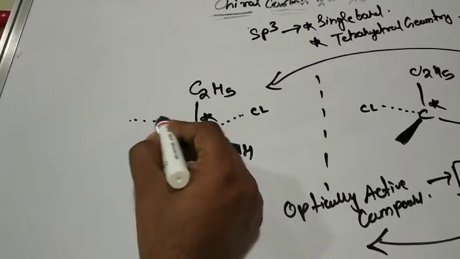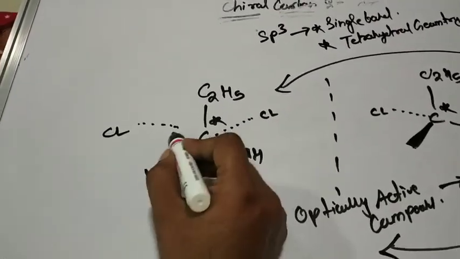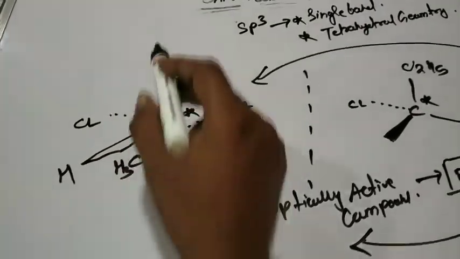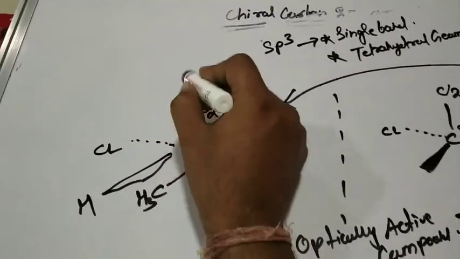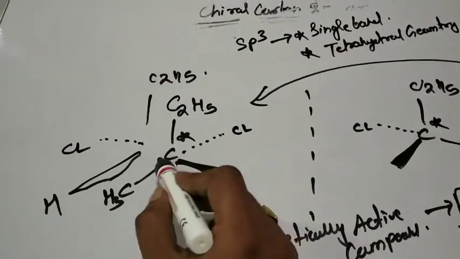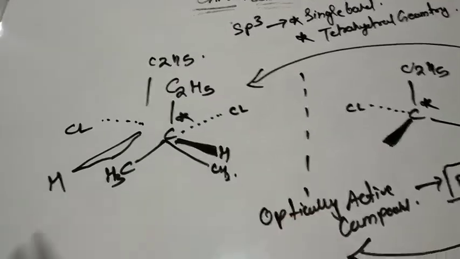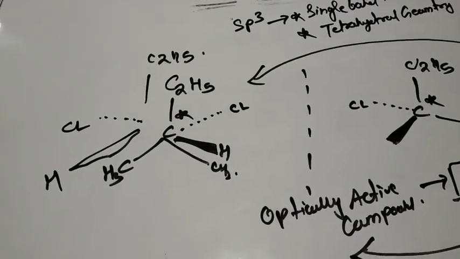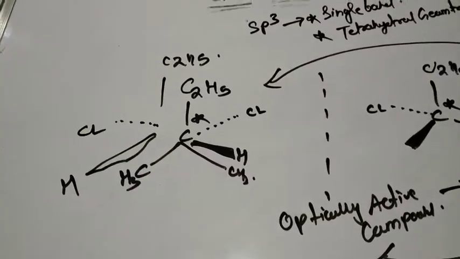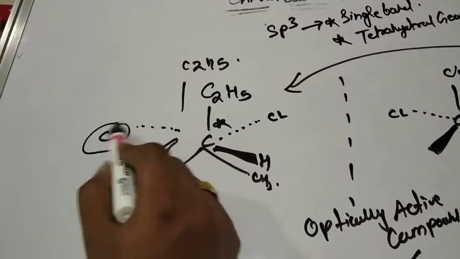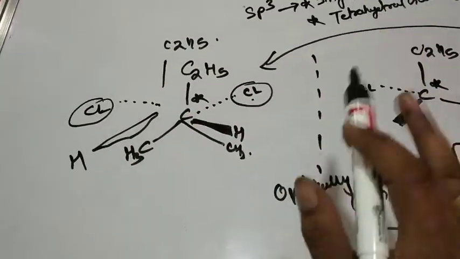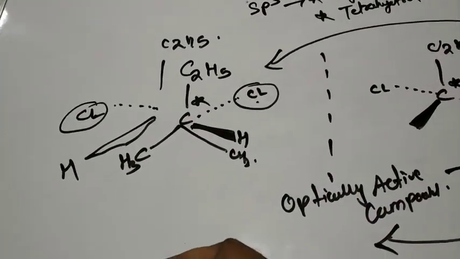See, the chlorine will come here, the hydrogen will go over here, then C2H5 will be coming at the top, and CH3 will be on this side, right? So are you able to understand? They are non-superimposable. That means they are not fitting on each other. See, one chlorine atom is on this side, and the other is on that side. So chlorine is not fitting on the chlorine. So that becomes the non-superimposable image.